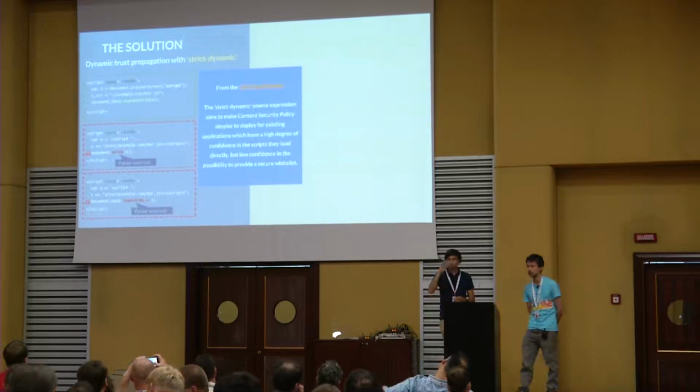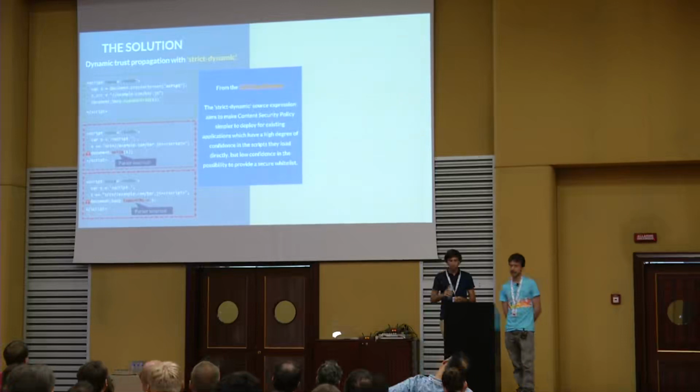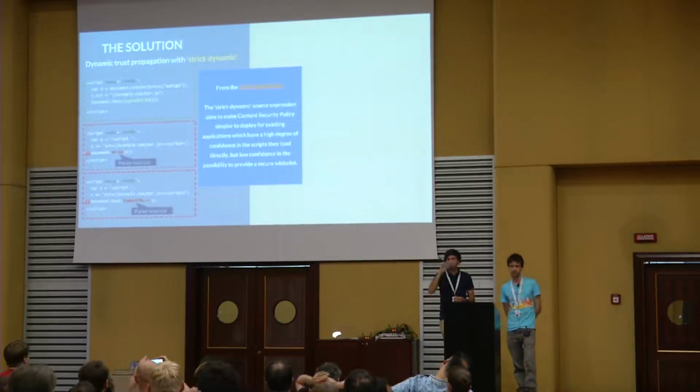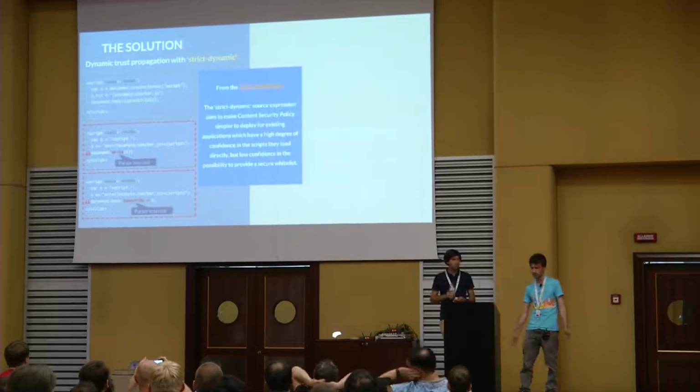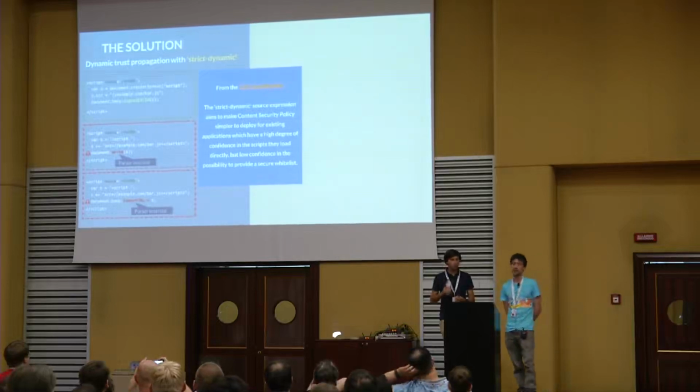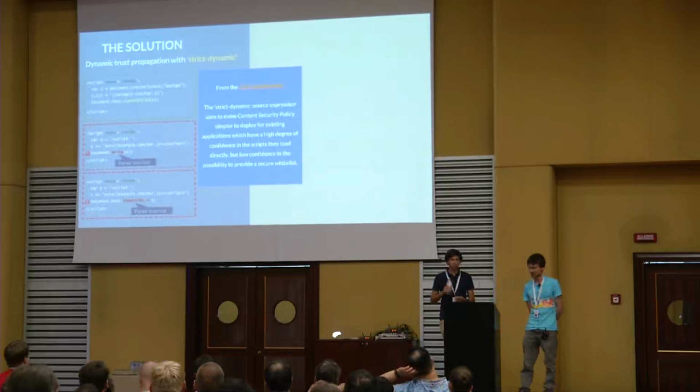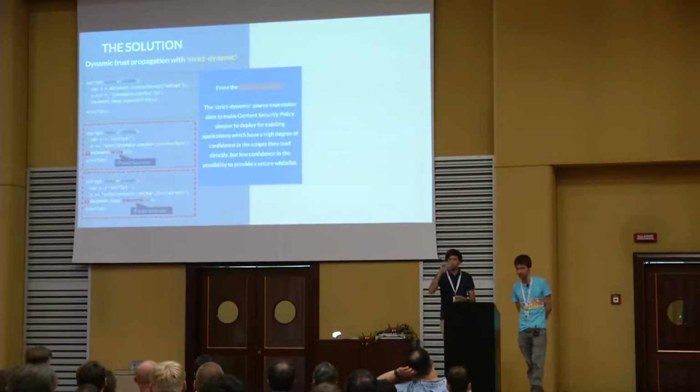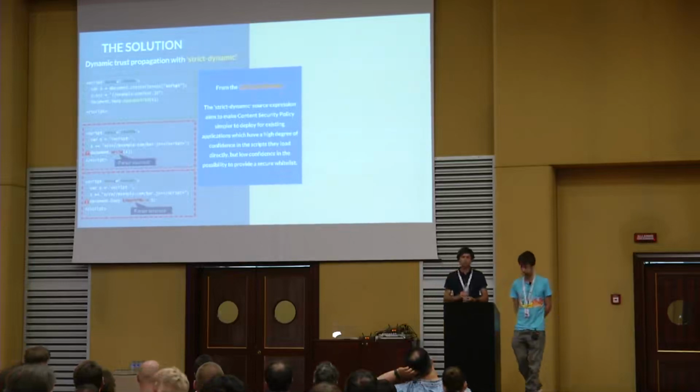So deployment should be much easier and is aimed at web application developers who have a high degree of confidence in what they put in the markup, but low confidence in being able to come up with a reasonable whitelist. And as we showed, I think, extensively before, this is always the case.